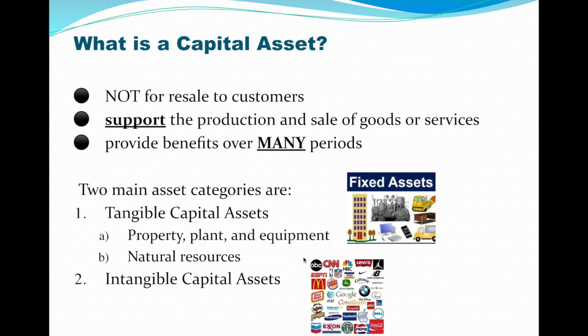I think I read an article a few years ago saying that Coca-Cola's tangible capital assets added up to around $56 billion ish. Now this was an article from a while ago, but they estimated the brand's value to be worth $70 billion, and you can't even touch it. So it's definitely something that we have to account for.